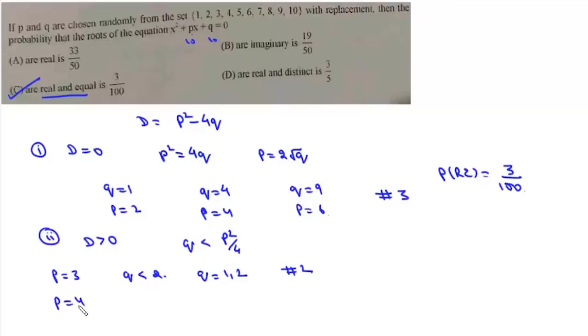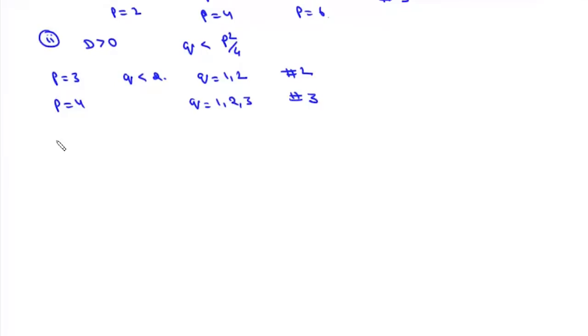Now if P is 4, now it will be the 16 by 4 is 4. So the Q can take the values 1, 2 and 3. So there will be 3 cases here. If we take P as 5, now 25 divided by 4, there will be 6 point something. So Q can take the value from 1 to 6. So we have 6 cases. If P is 6, there will be Q is less than 9. So you take the value from 1 to 8.